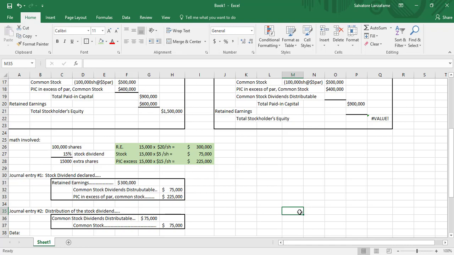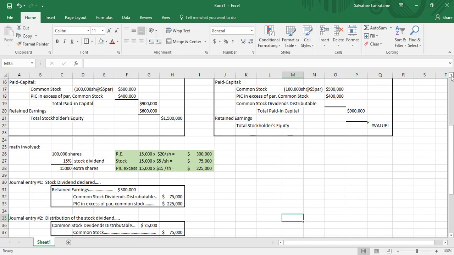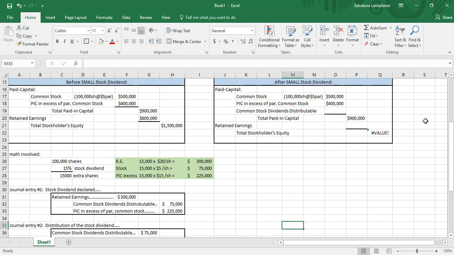Okay, so if you look at the stockholders' equity section that I have up here, you will notice that I have a before small stock dividend and then after small stock dividend. So we need to do some corrections here. First off, with the paid-in capital, you will notice I have 100,000 shares of $5 par.